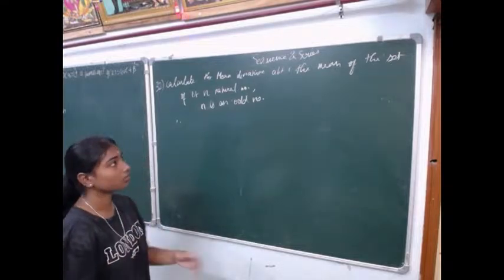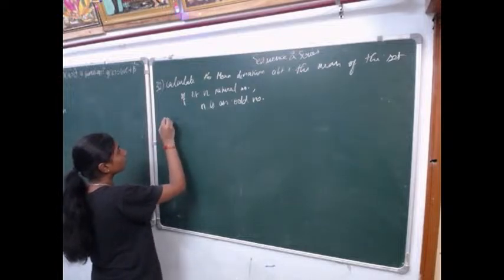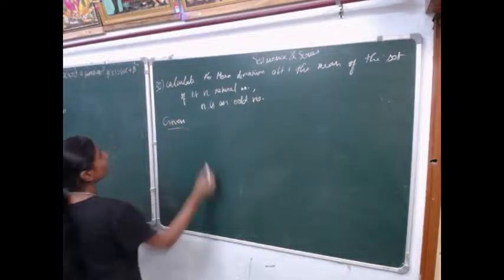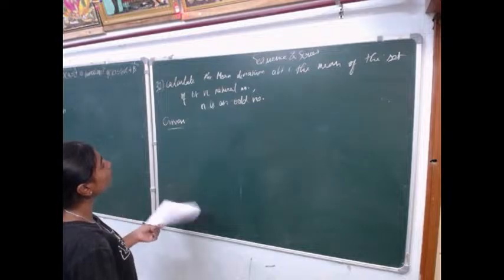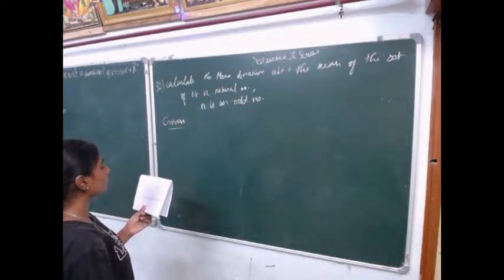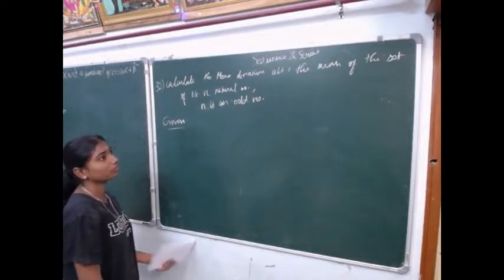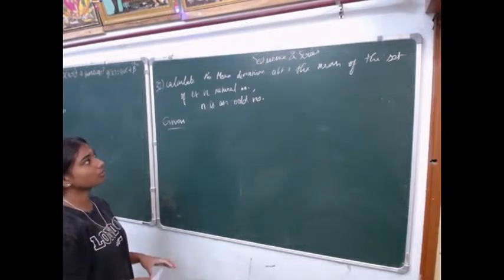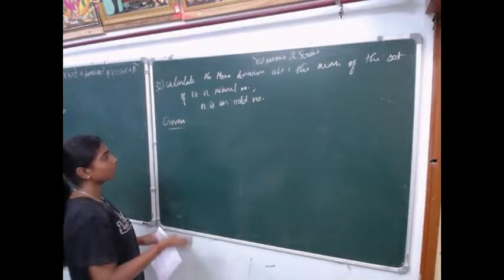Write down the given terms. Calculate the mean deviation about the mean of the set of all natural numbers. So it is given as all natural numbers and it is specified as odd number only. Okay, take down. N is an odd number.